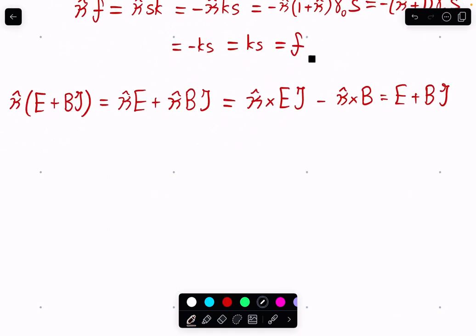So these two things imply that kappa cross E is equal to B, and B cross kappa, I'm just flipping because there's a negative sign here, is equal to E.